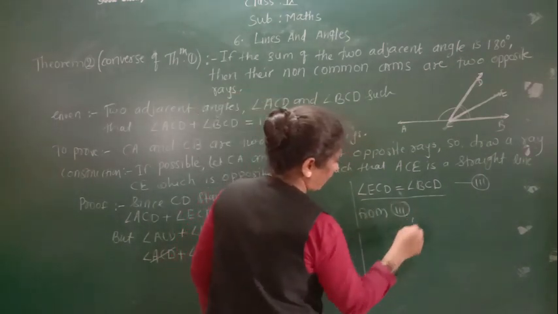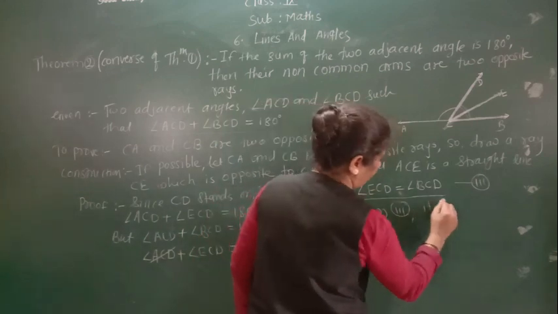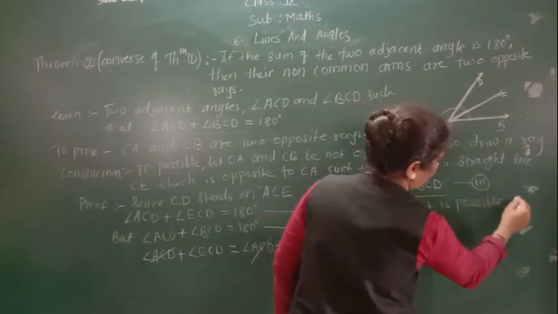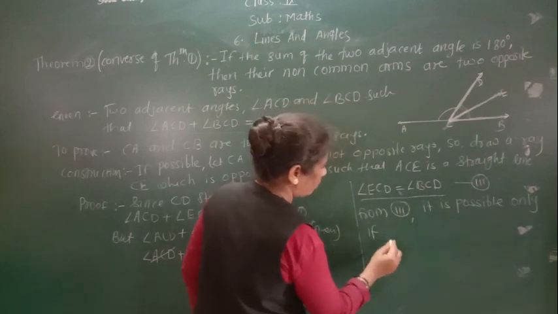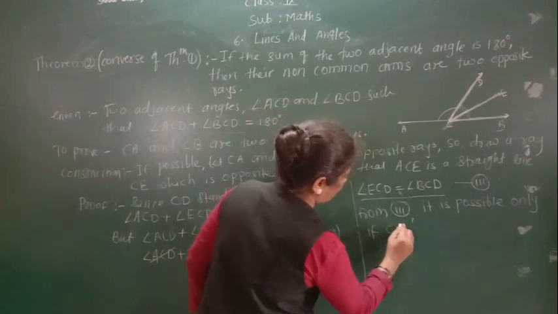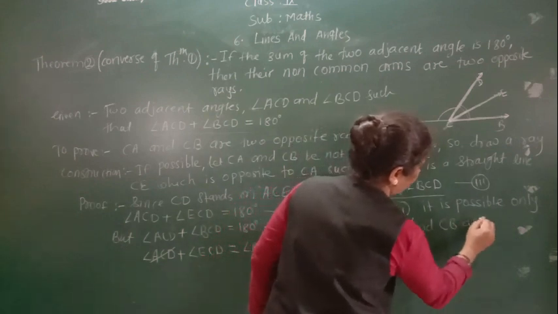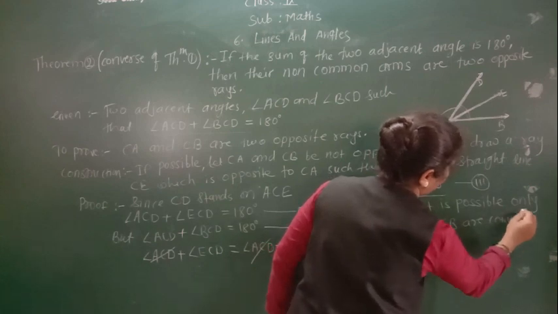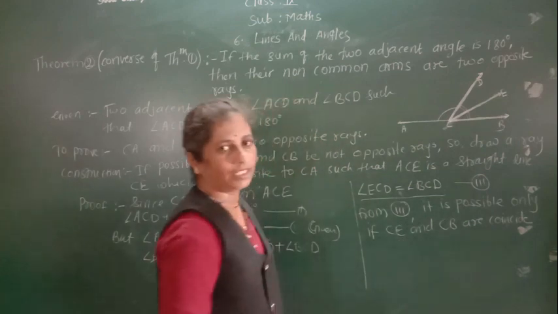So from the third statement, what can we say? It is possible only if CE and CB coincide, meaning they overlap one another, right?